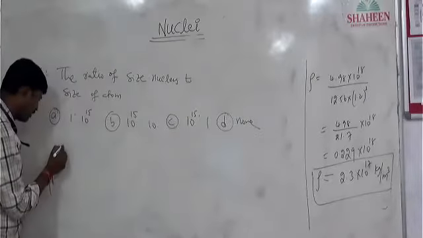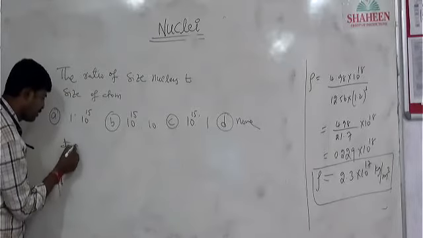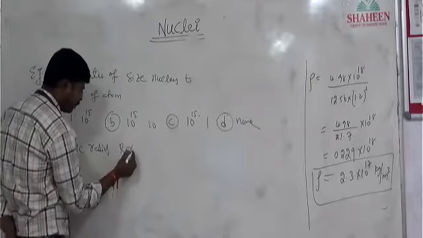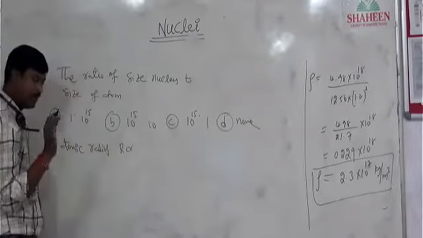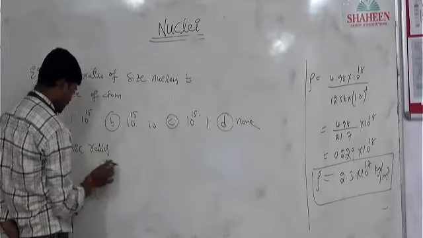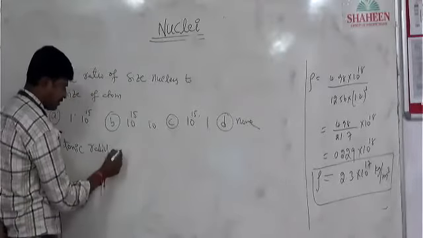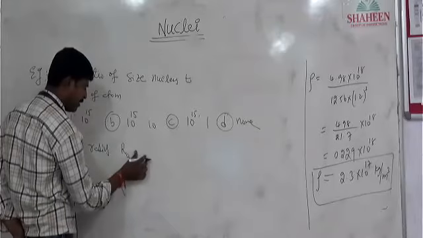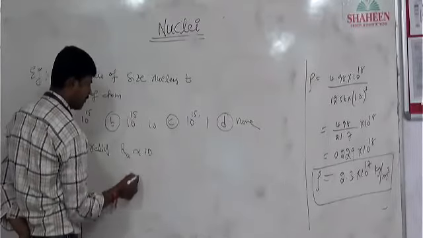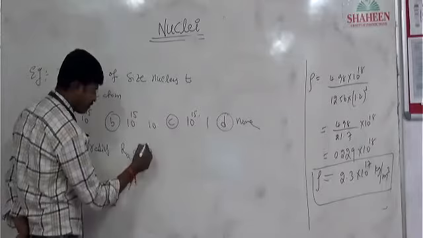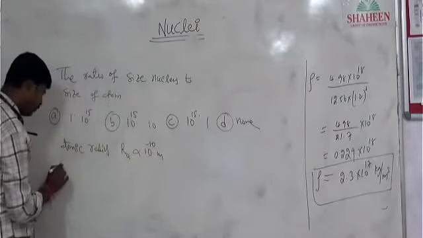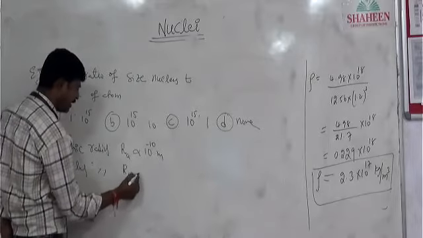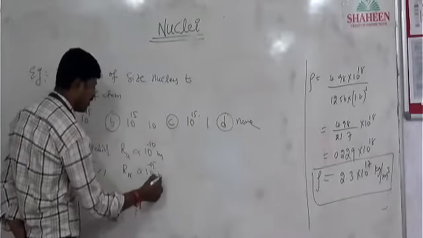We know atomic radius is directly proportional to, in the order of, 10 to the power of -10 meter, which is an angstrom. And the nucleus radius Rn is directly proportional to 10 to the power of -15 meter.